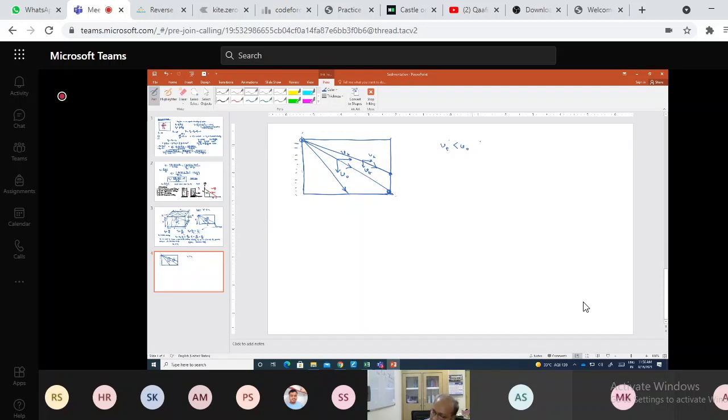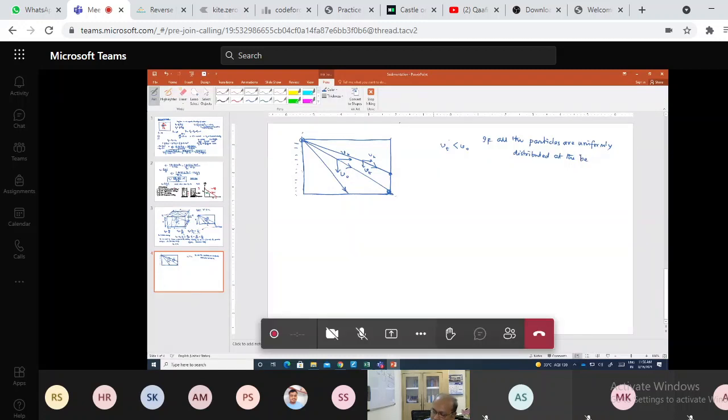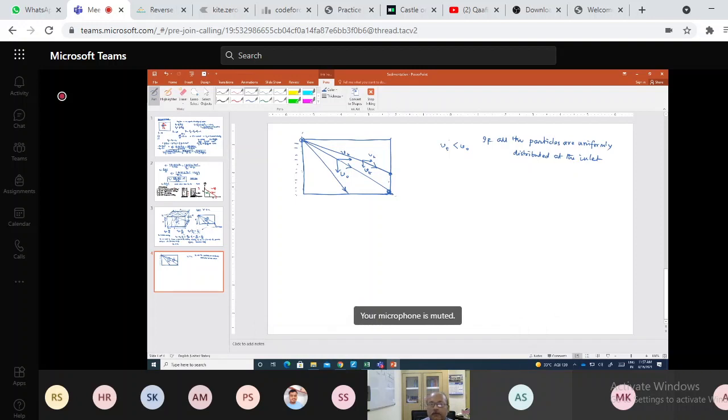So if all the particles are uniformly distributed at the inlet, then what are we going to see?